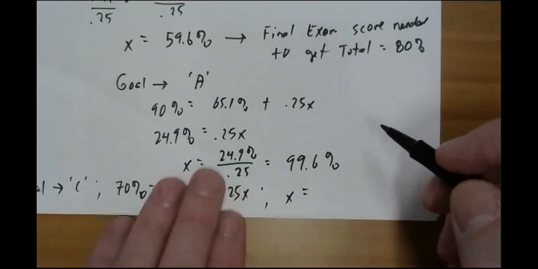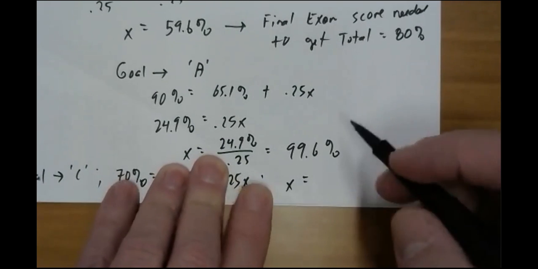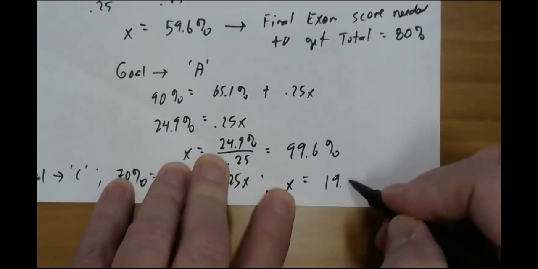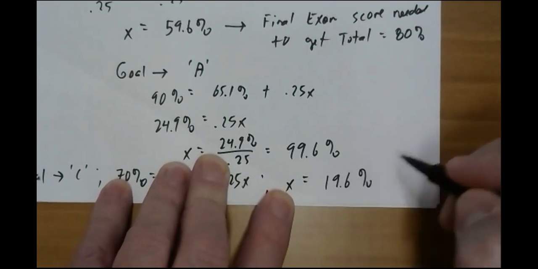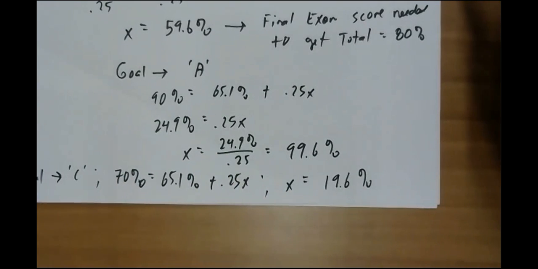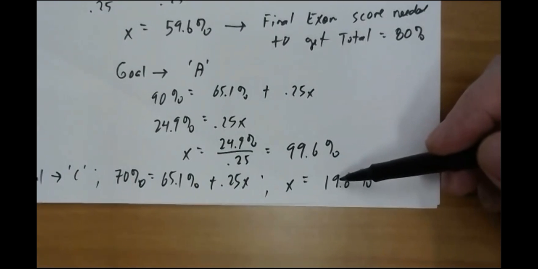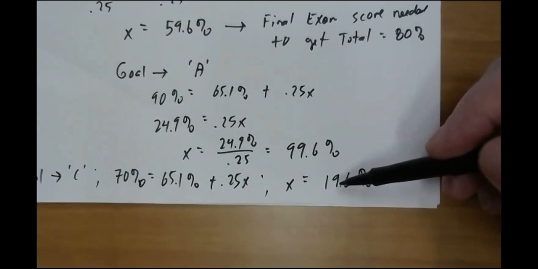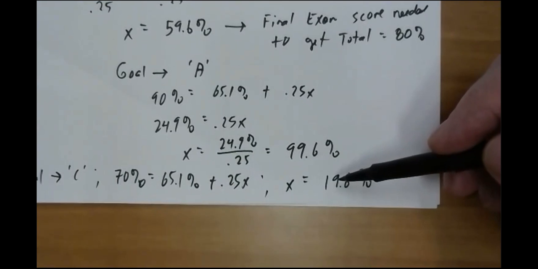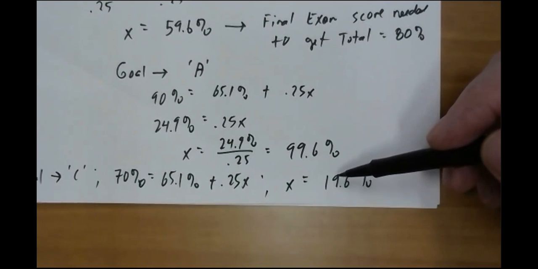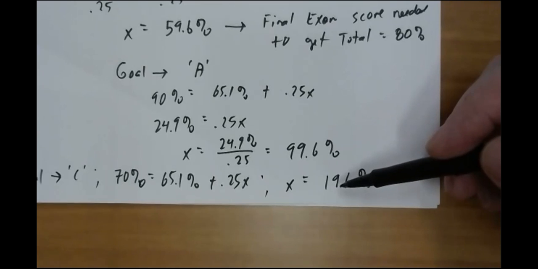So you know what score he needs to get on the final exam to at least just pass the class? Wow, 19.6%. Seems sort of crazy, but he can really bomb the final exam and still get out of there with a C. Of course, that would not be a good goal to have, just to pass the class.